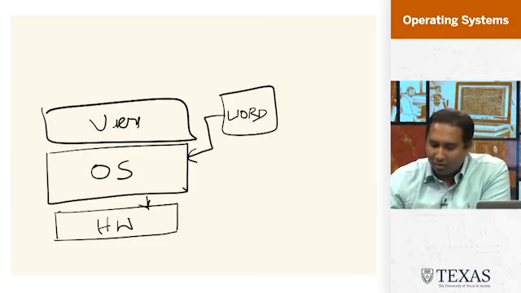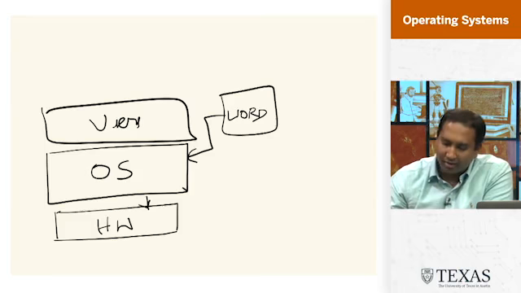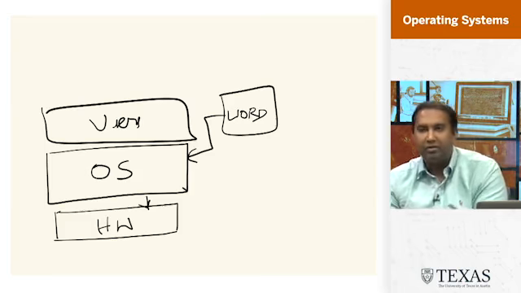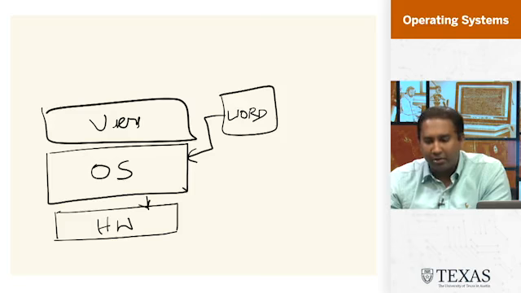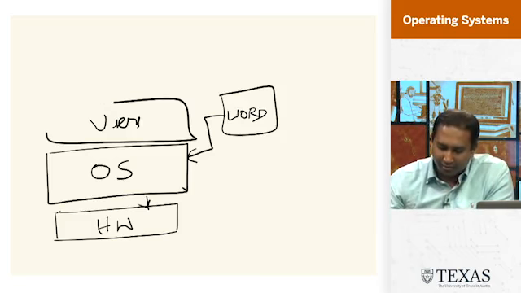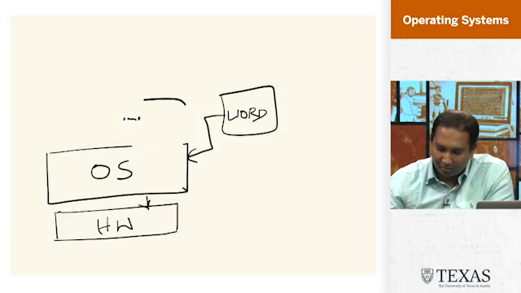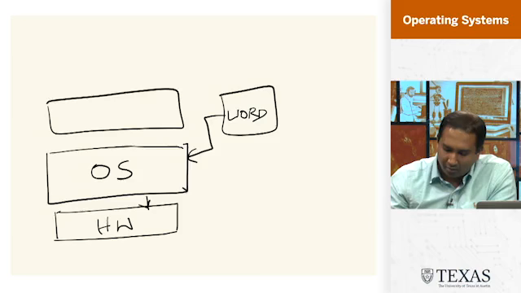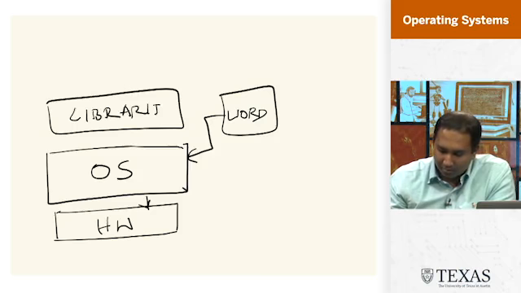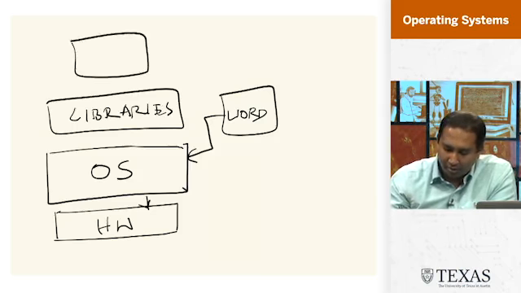One thing we should make clear is that a lot of the stuff in C programs that students are typically familiar with, like the printf function, is actually a user space library. The way that would work is you have your OS, then you have your libraries, and on top of that you have your application.